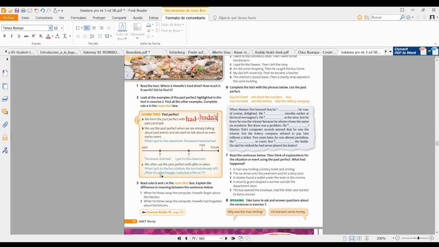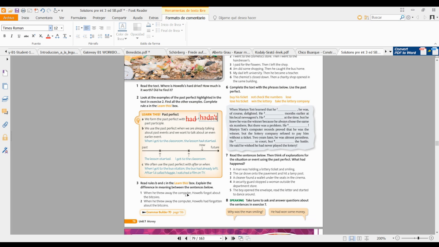Now, look at the difference in meaning. Let's pay attention to the difference in meaning in these two sentences. When he threw away the computer, Howells forgot about the bitcoins. And when he threw away the computer, Howells had forgotten about the bitcoins. What is the difference in meaning? En la primera, ¿sí?